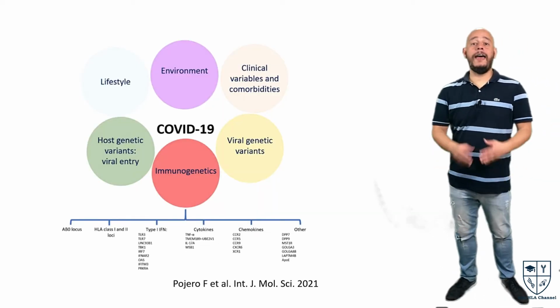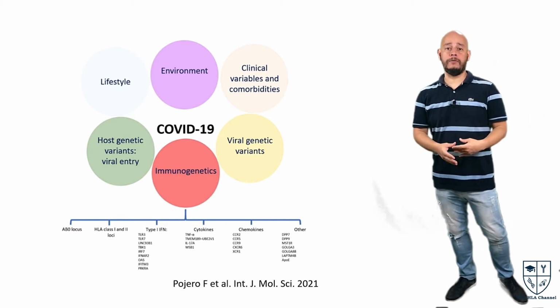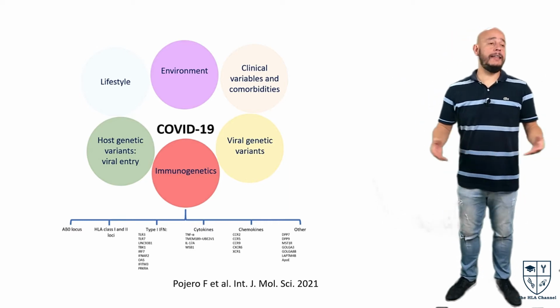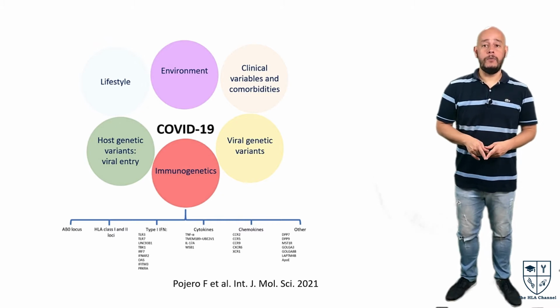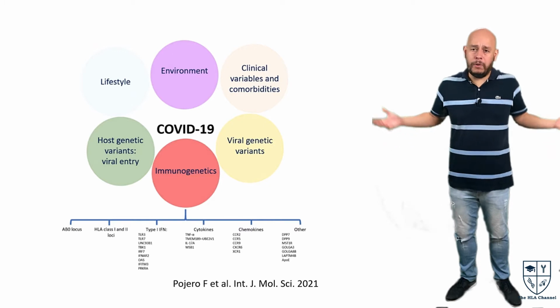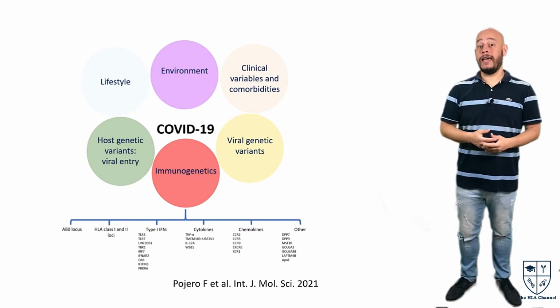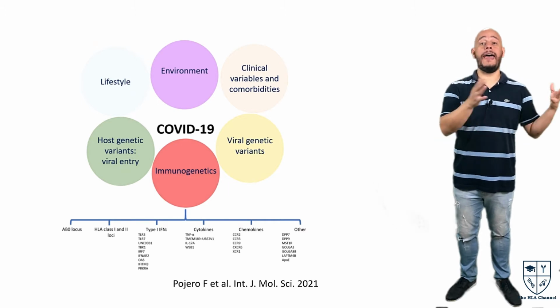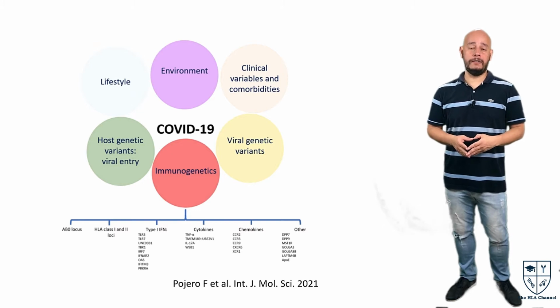It is quite evident that several factors contribute to determining susceptibility to SARS-CoV-2 infection and the severity of COVID-19. In this figure proposed by Pogero, we observe several factors that have been studied as aspects that can influence the progression of the disease.